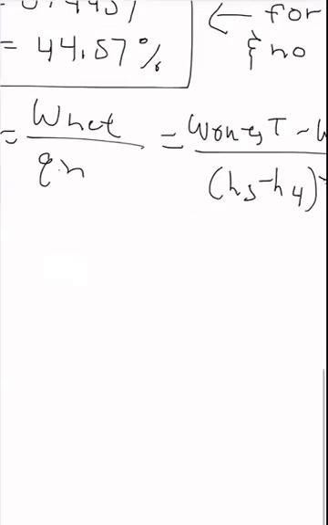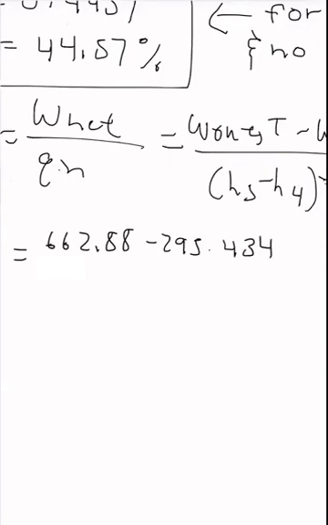So then this is going to equal 662.88 minus 295.434. It's easy to get the net work just because from finding the backwork ratio, we pretty much have that already.